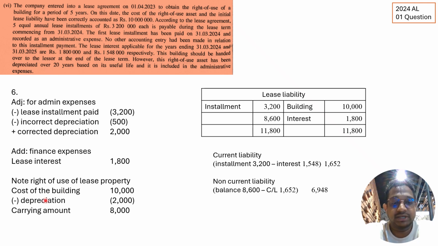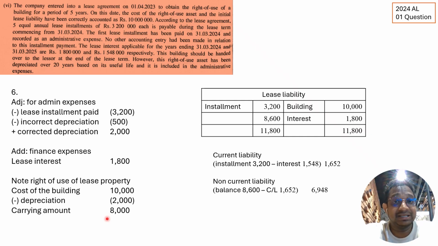So in the note, right of use of lease property, cost of the building is 10 million and divided by 5 lease years, that is 2,000, the current year depreciation, and your carrying amount is 8,000.